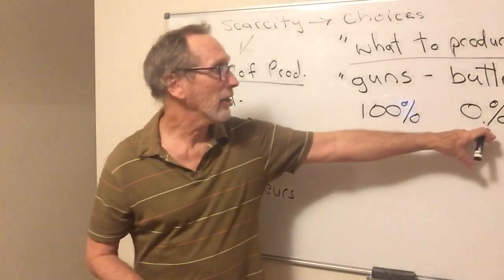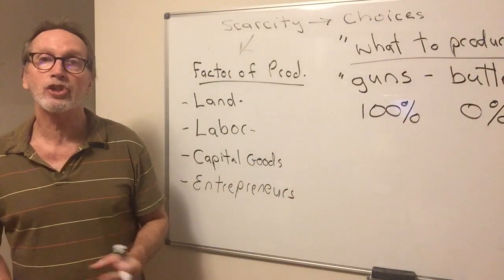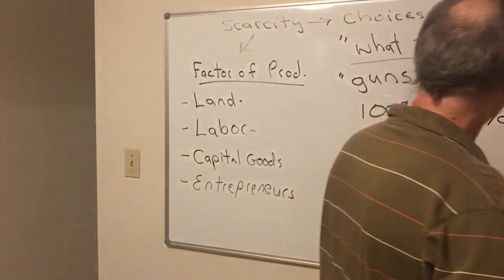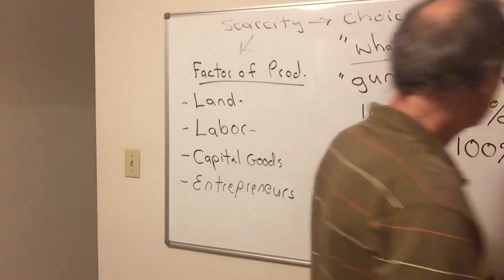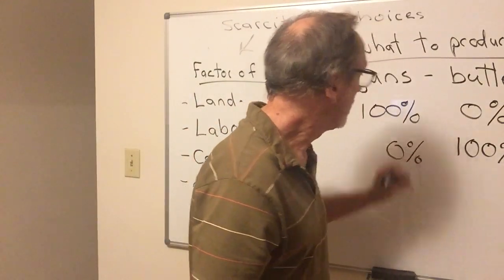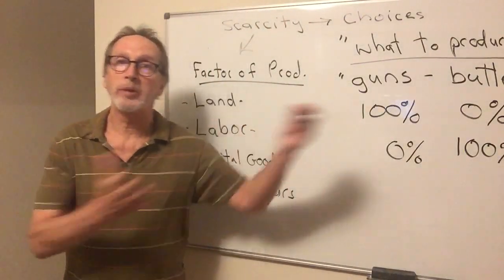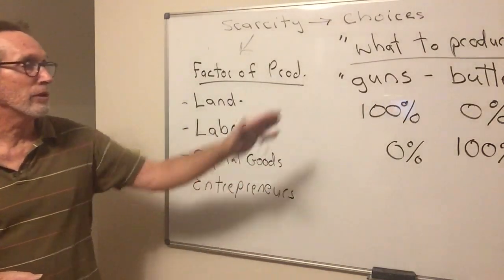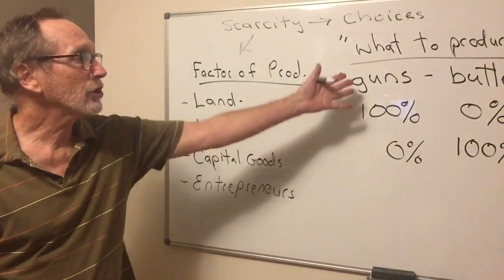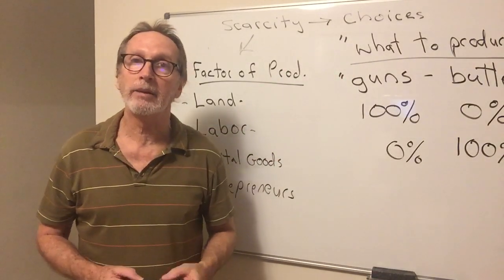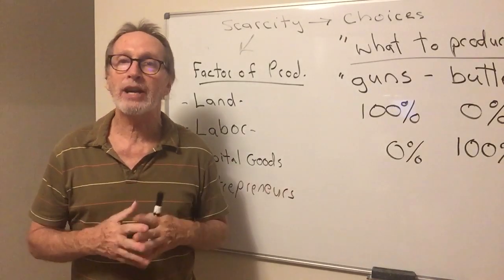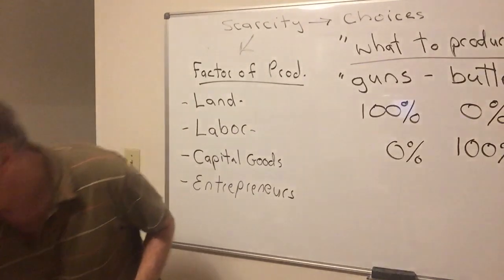If you did that 100%, you'd have nothing left over for making consumer goods or agricultural products. Or you could make it all one, just 100% consumer goods, and then 0% guns, right? So that would be the other extreme. These are the two extremes, and somewhere in the middle is probably the mix that you would, as a country, choose to do. A little bit of this, a little bit of that. This is the idea of choosing how your natural resources are going to be used, right?